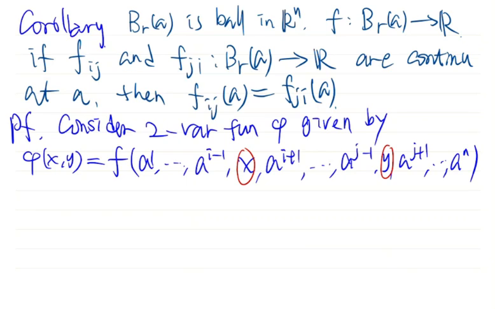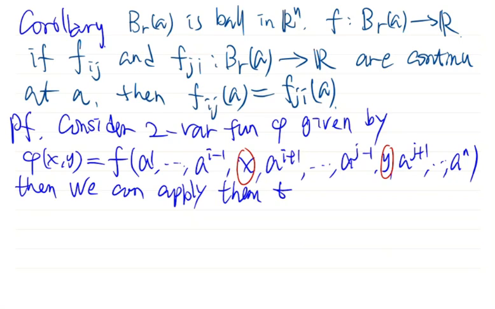Then you can check. We can apply the theorem to phi. This I left for you to check. This is an exercise for you. Okay, so we apply the theorem to this function phi.